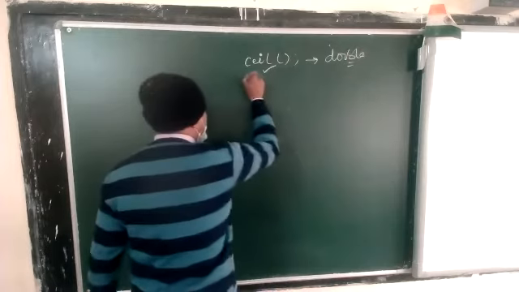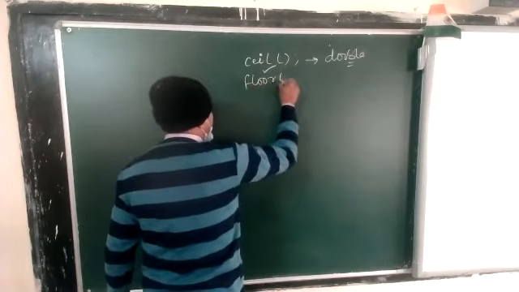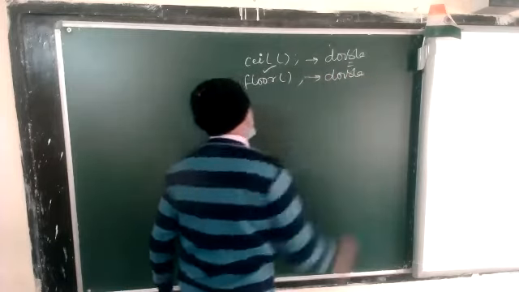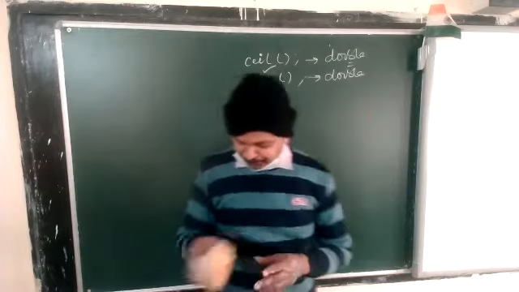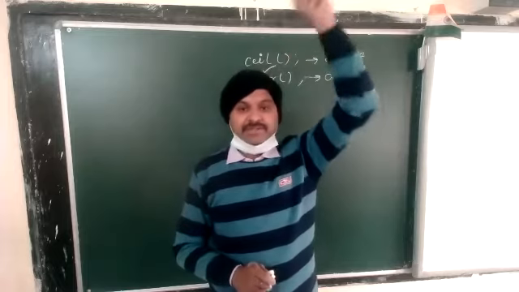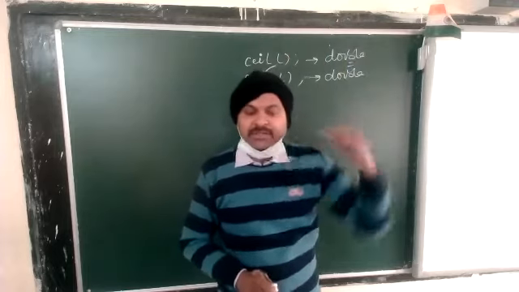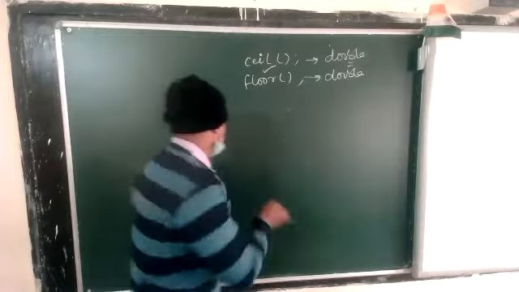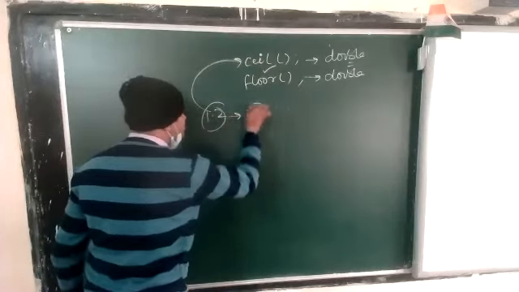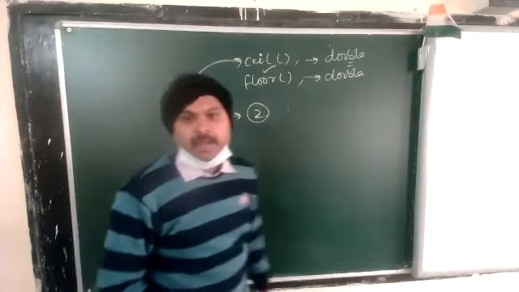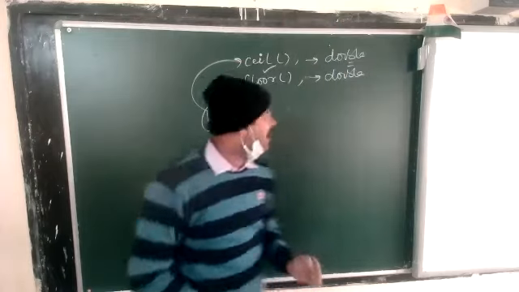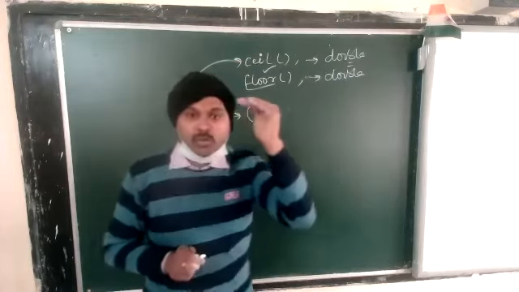Now let me tell you ceil and floor together. Ceil means a value will be rounded up. Ceil means ceiling. Suppose the value given is 1.2. In case of ceil, it will become 2. Ceil means ceiling, up, round up, and floor means round down.